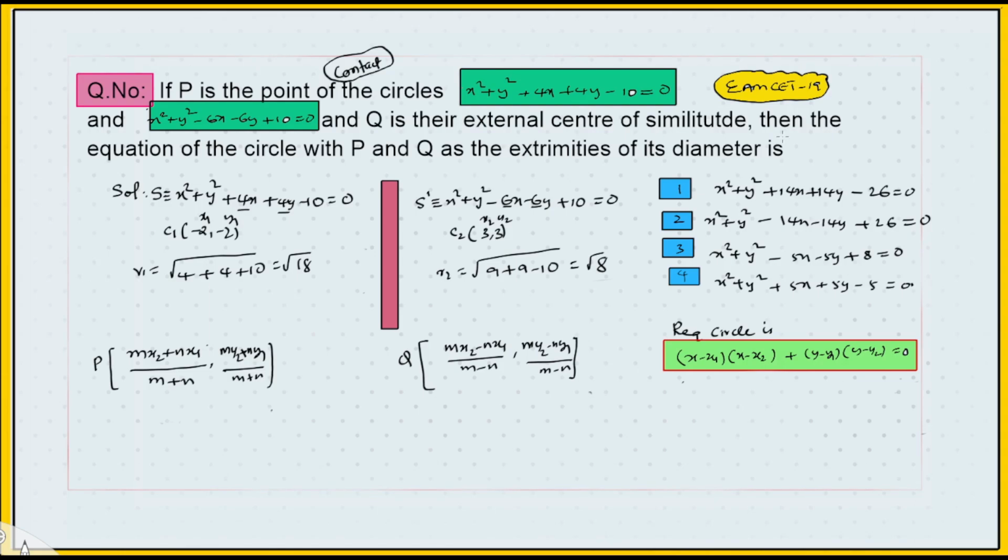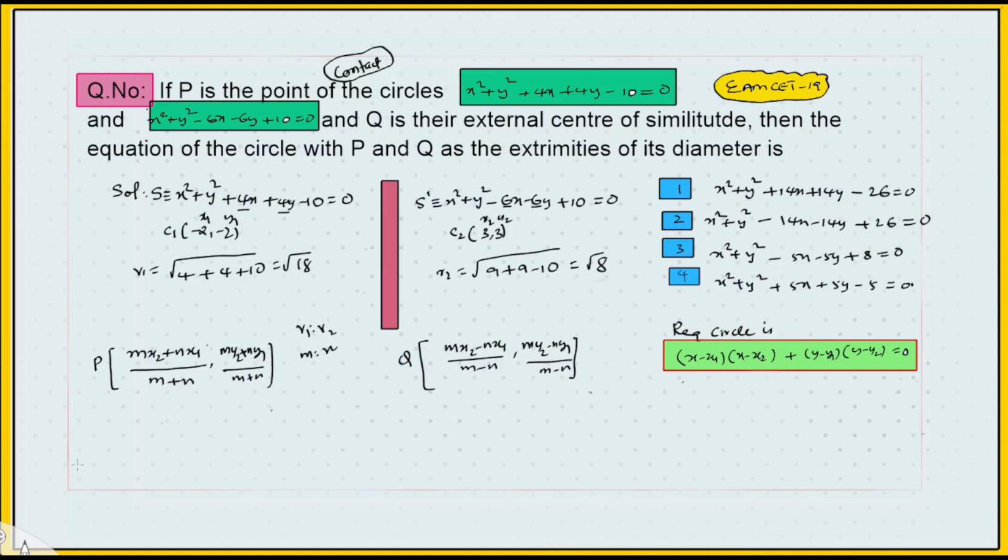The formula for the internal center P is (mx2 plus nx1) by (m plus n), comma (my2 plus ny1) by (m plus n), and Q, the external center, is (mx2 minus nx1) by (m minus n), (my2 minus ny1) by (m minus n), where the ratio r1 to r2 is m to n, and (x1, y1), (x2, y2) are the coordinates of the centers. The equation of a circle with PQ as extremities of a diameter is (x minus x1)(x minus x2) plus (y minus y1)(y minus y2) equals 0, where (x1, y1) and (x2, y2) are the coordinates of P and Q.